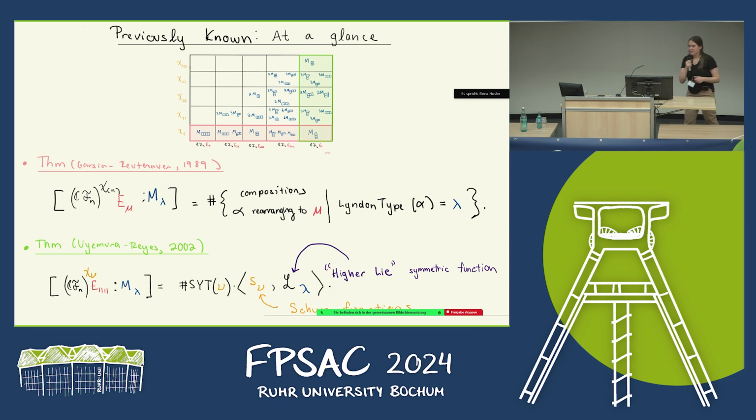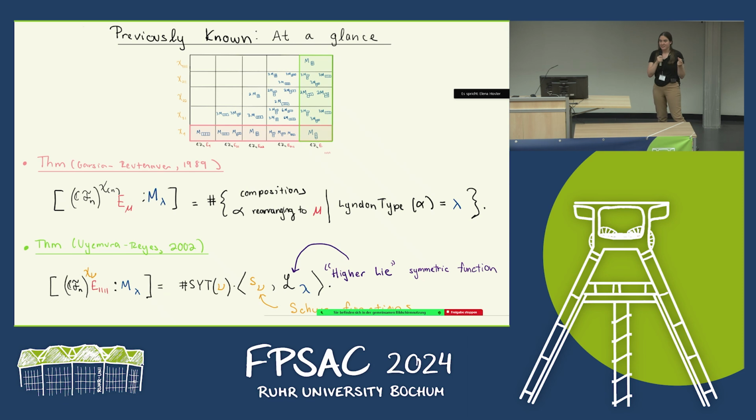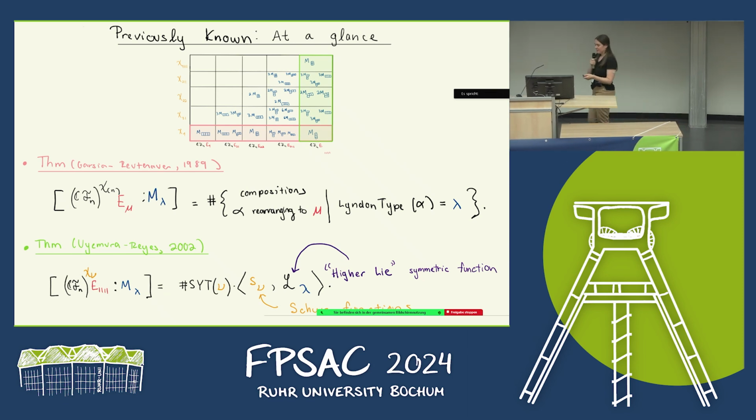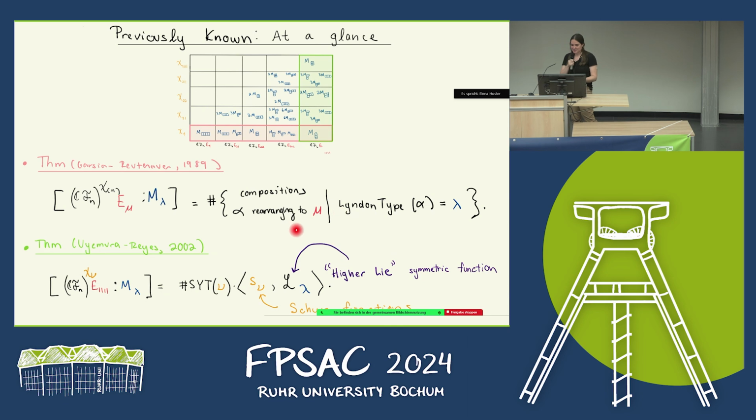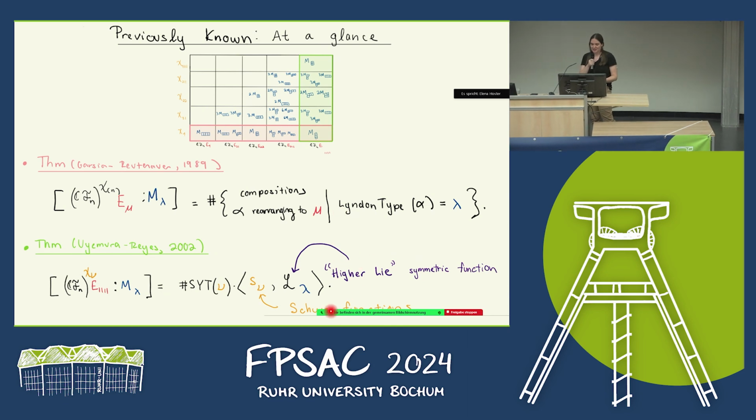The inner product is between a Schur function and something called a higher Lie symmetric function. And you might wonder why this was considered kind of done, why are we okay with just leaving this inner product here? That's because this is a long-standing open problem known as Thrall's problem to determine what these inner products are. And I think some of you heard about this last week in Leipzig.